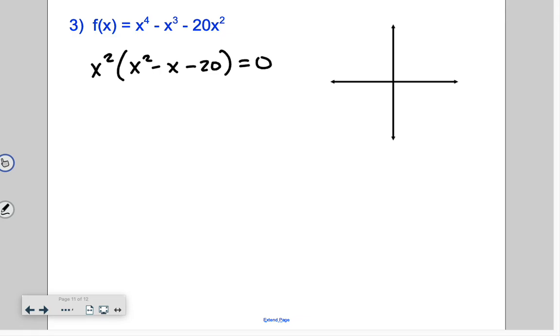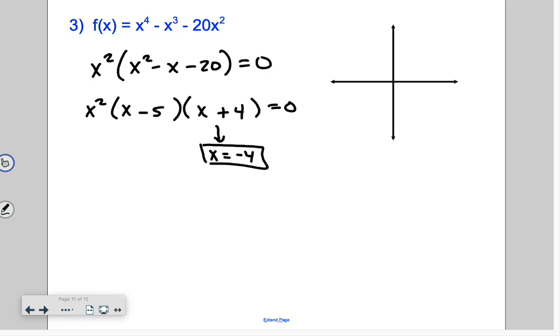And now the stuff that's in parentheses is a whole lot easier to factor. Okay? Which means zeros. x equals negative 4. There's one of your zeros. x equals positive 5.